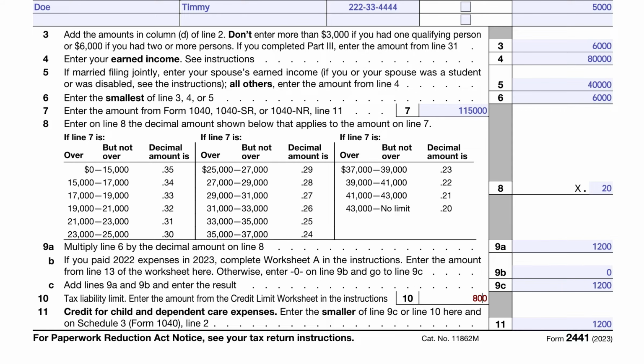If this amount were only $800, then you would not be able to claim the full tax credit of $1,200. You would simply claim the $800. In this case, we don't have to worry about that because our tax bill is larger than the credit that we're trying to claim. I don't see any information that indicates that you can carry over any unused credits to a following tax year.